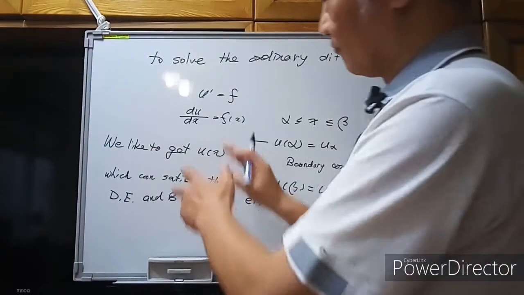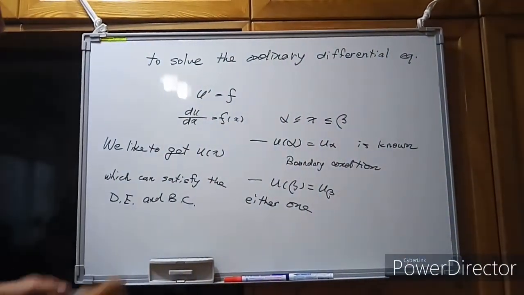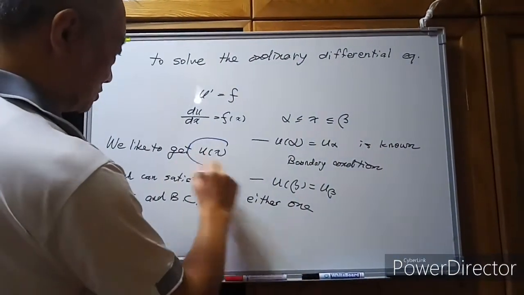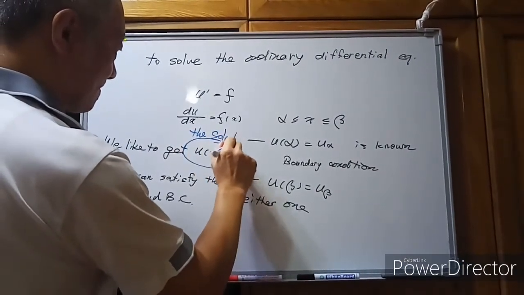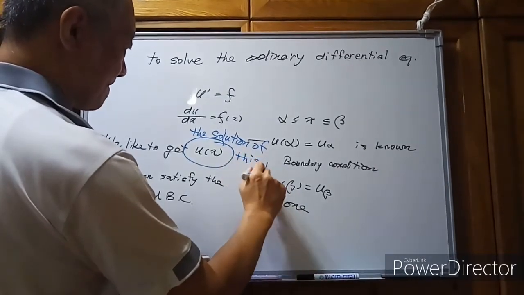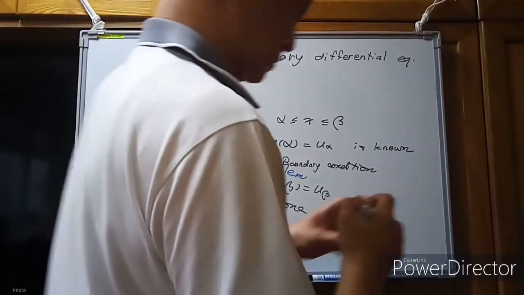Okay, so if we can find such a u of x function, then this function is called the solution of the problem. So that's the purpose.